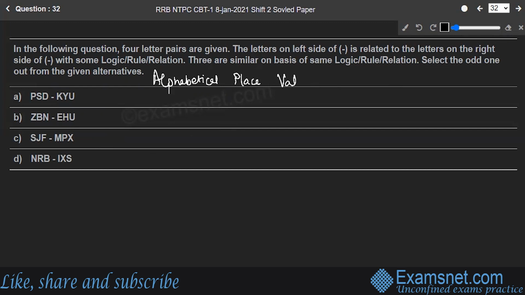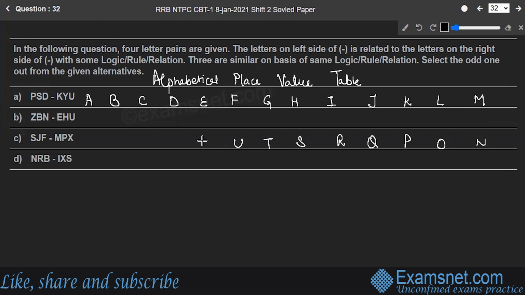If not, then please be aware of it now, because this table will be used in a number of questions. Let's make that table. A, B, C, D, E, F, G, H, I, J, K, L, M, N, O, P, Q, R, S, T, U, V, W, X, Y, and Z.